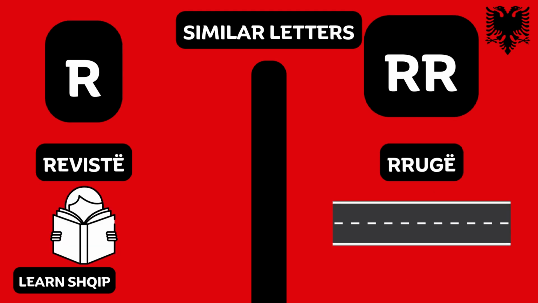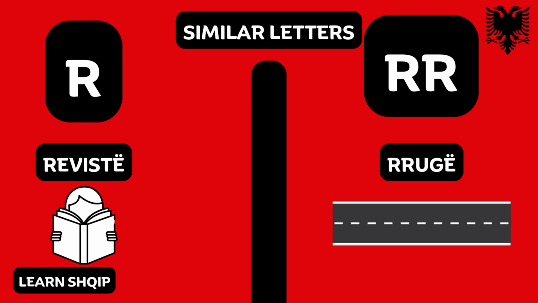And then let's see letter R, the single R and the double R. Remember that the single R is very soft. You are going to pronounce it this way: R. For example, magazine, revist. On the other hand, the double R is very strong.